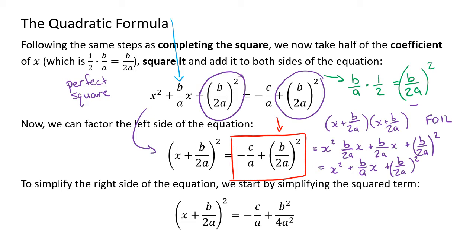So what we arrive at is negative c over a, which remains unchanged, plus our second term, which has b squared in the numerator. In the denominator, you square each term: 2 squared, which is 4, and a squared, which is just a squared.